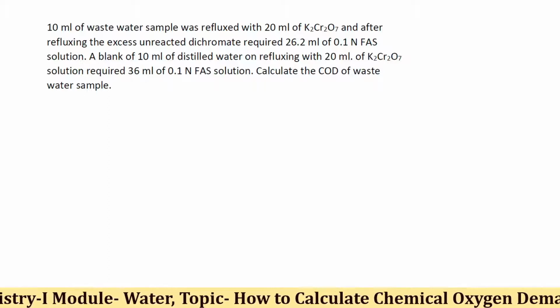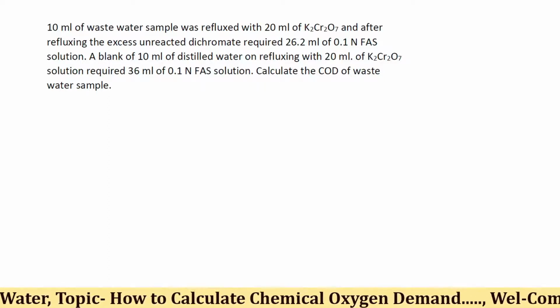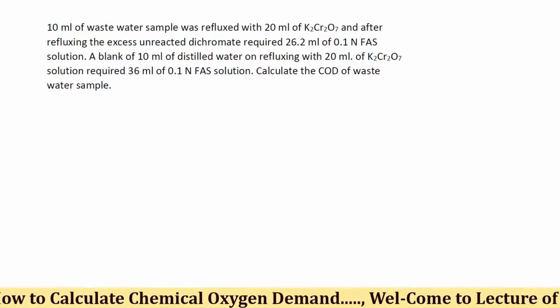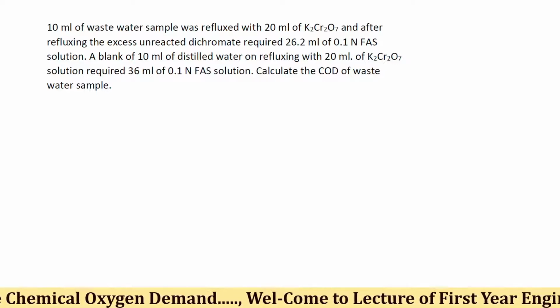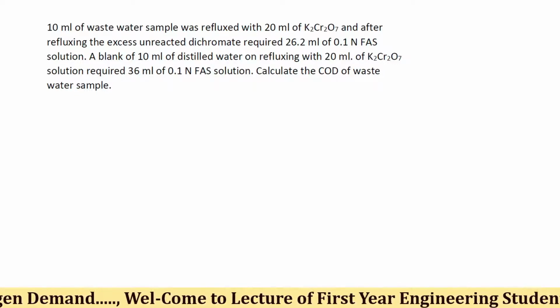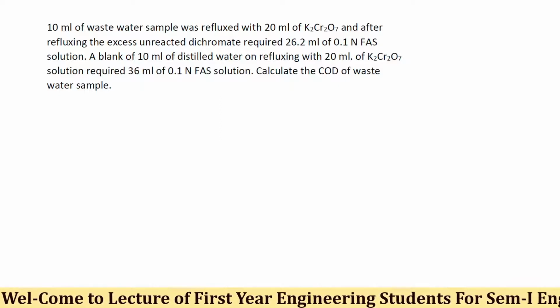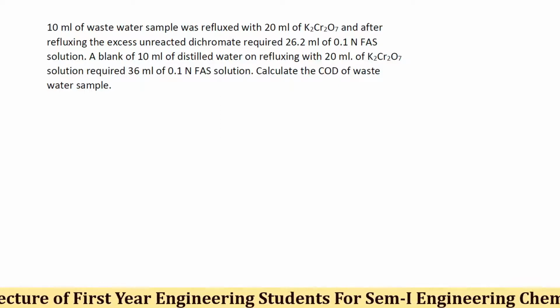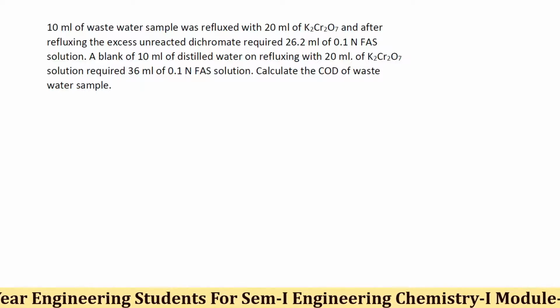A blank of 10 ml of distilled water on refluxing with 20 ml of K2Cr2O7 solution required 36 ml of 0.1 normal ferrous ammonium sulfate. Calculate the COD of the wastewater sample.